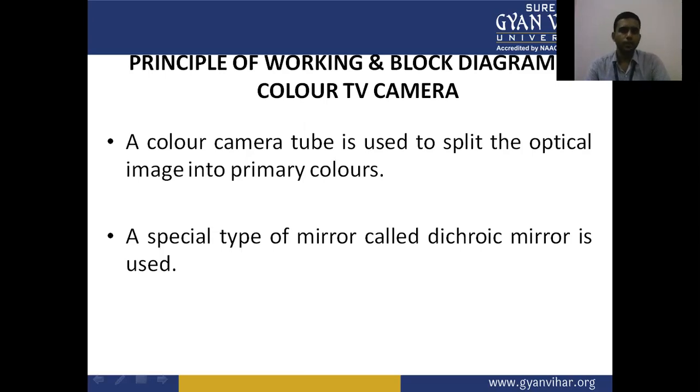Now, the principle of working in the block diagram of the color TV camera. Before discussing the color TV camera, we recall how the black and white TV camera converts the optical image into the electrical signal. The image is focused by the lens onto the glass face plate, and the electron beam scans the plate, so a signal is developed.